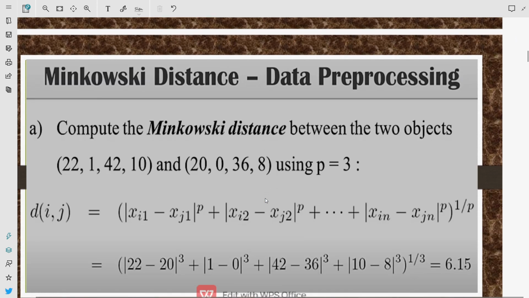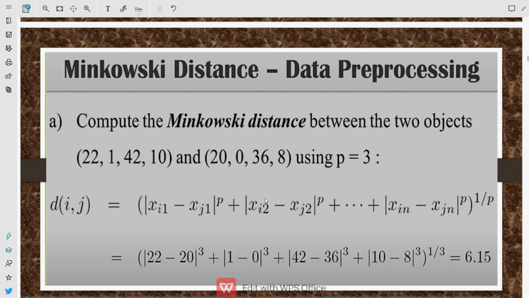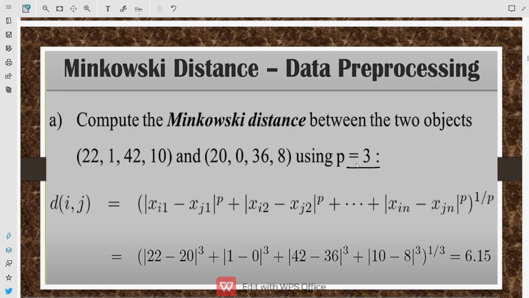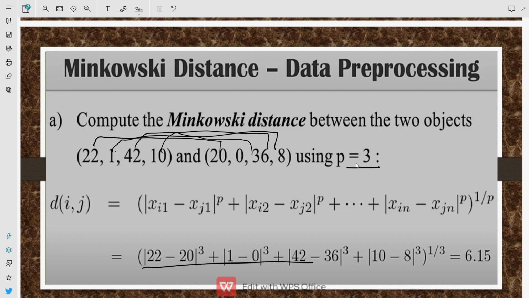Then we'll discuss the Minkowski distance. I already told you that the Minkowski distance is the p-th root of the sum of |xi minus yi| whole power p. Here they are given the p value as 3. You substitute those values in the formula itself, and when you compute, you will get this result.